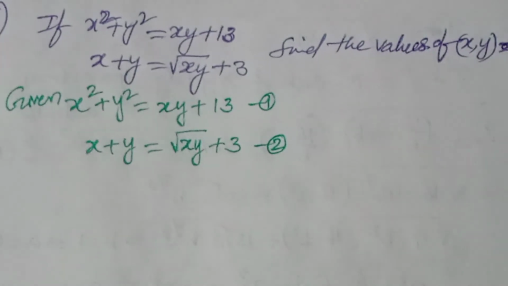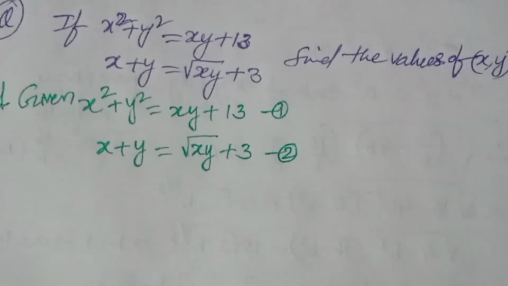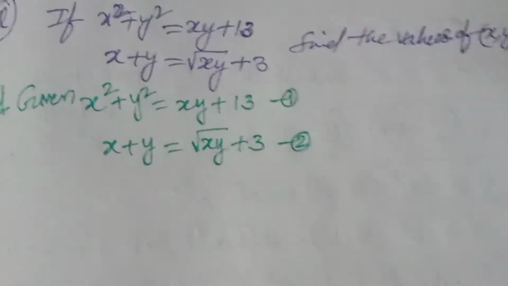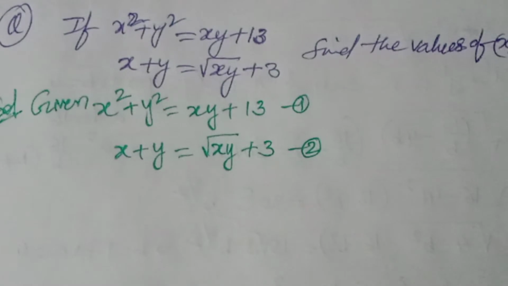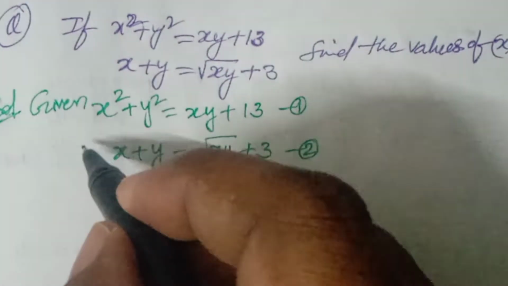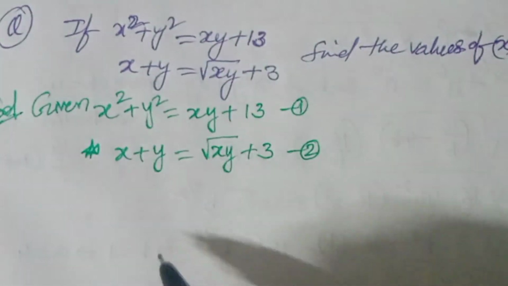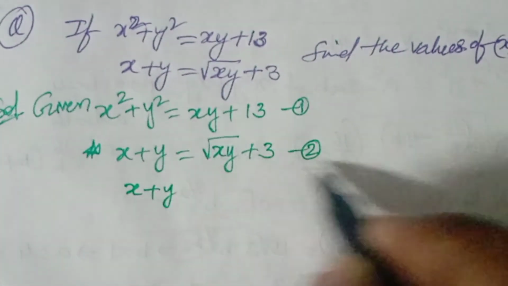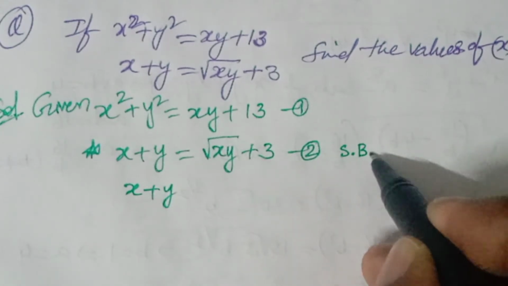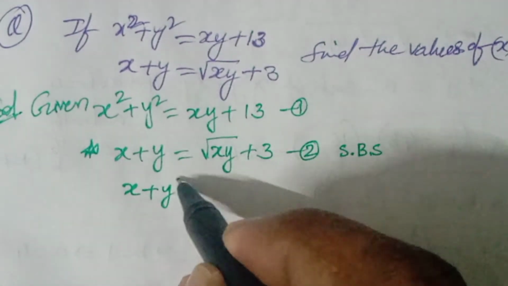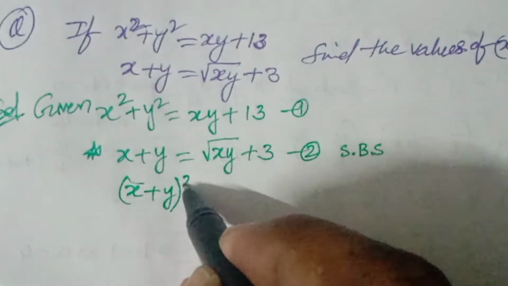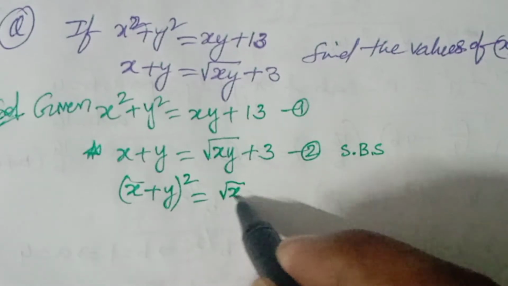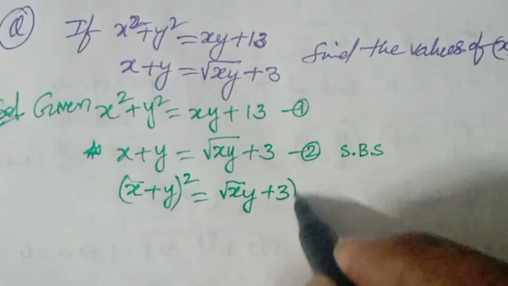Now what you have to do with this problem, you have to do squaring on both sides. This step is very, very important. For the second one, squaring on both sides: x plus y whole square is equal to root xy plus 3 whole square.